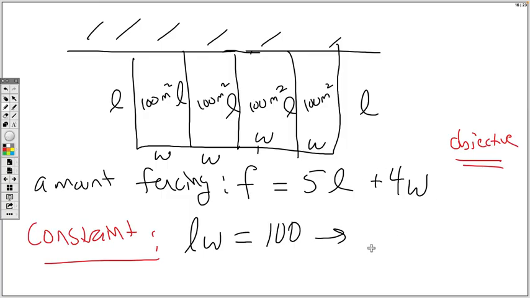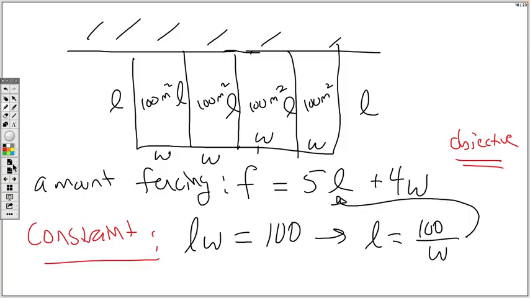Let's solve it for L. What's L going to be? 100 over W. And so what can I do with that now? I can take my 100 over W and plug it in where?